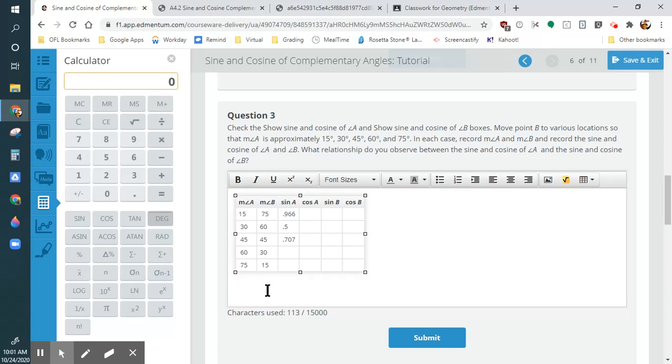And then we're going to do 60, and we're going to take the sine of this, and that's going to be 0.866. And then finally, we're going to do sine of 75. We're going to take the sine of that, and we get 0.966.